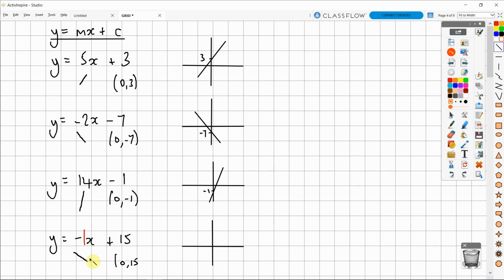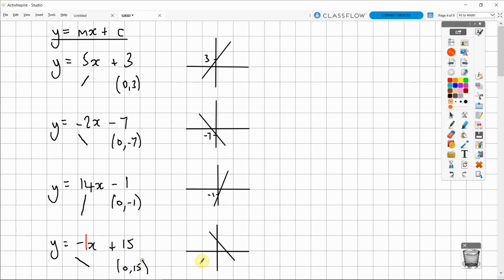And this one here, downhill through (0, 15). And so without much work at all, it's possible to get a good notion of what the lines ought to look like.